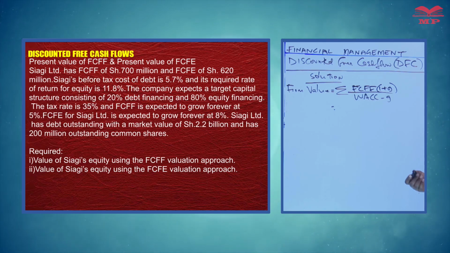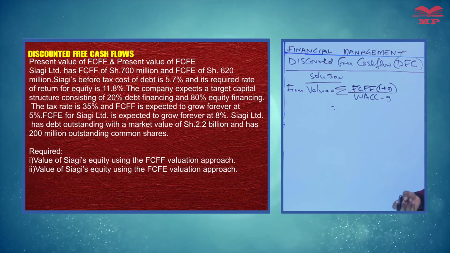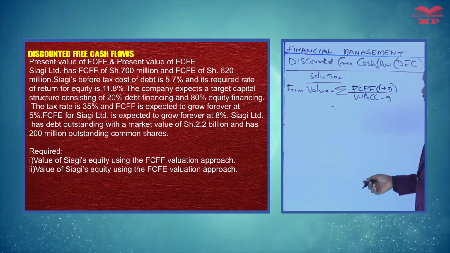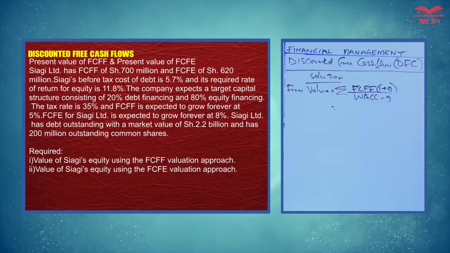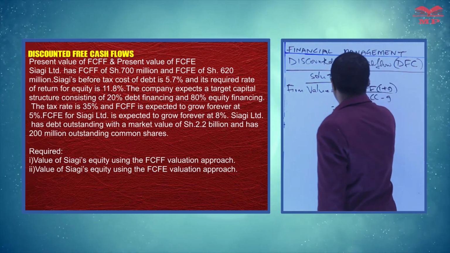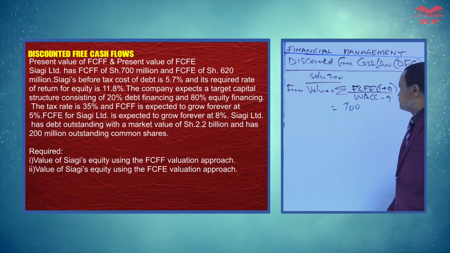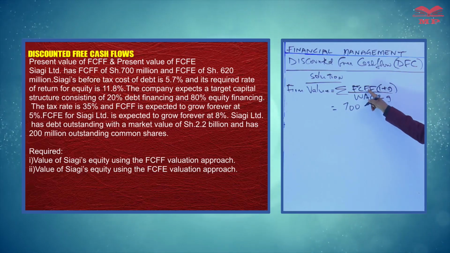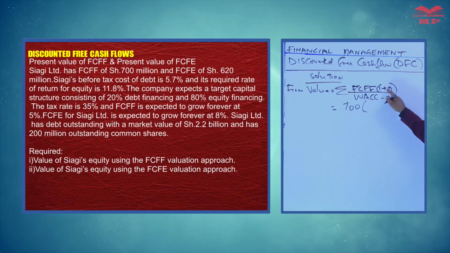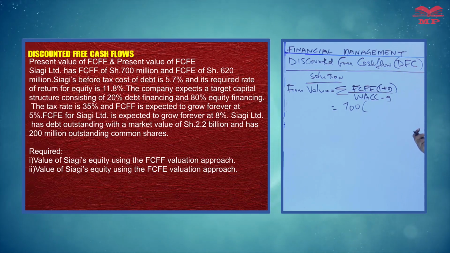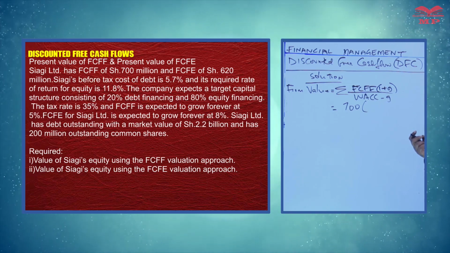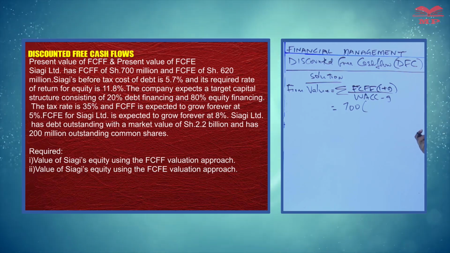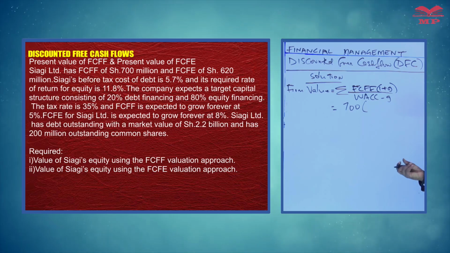The question reads, Siagi has free cash flow to the firm of 700 million. So that is 700 million. Have you seen that? This we have it in the question, 700. We have also the rate. It is growing at 8%. The growth rate we are given, the growth rate is 5%. Is it 5%? What is the growth rate?